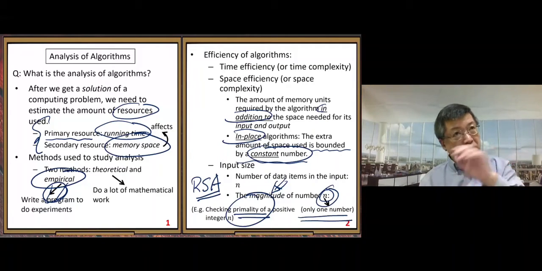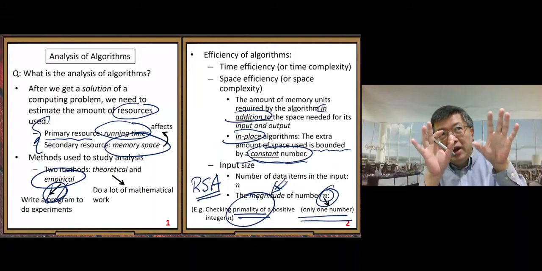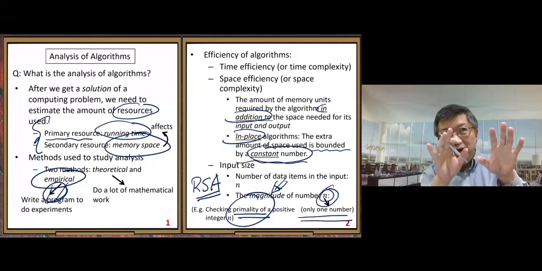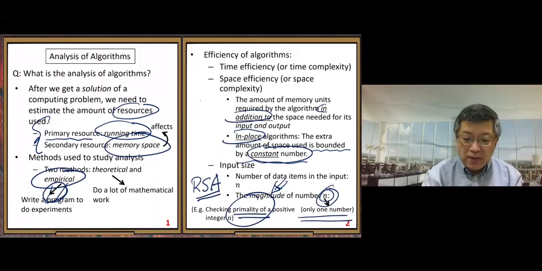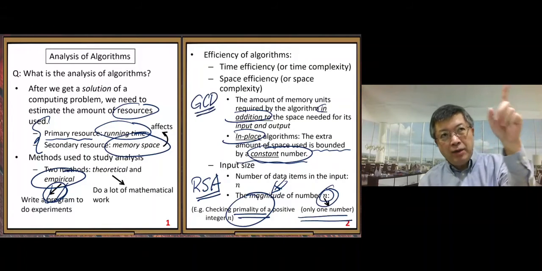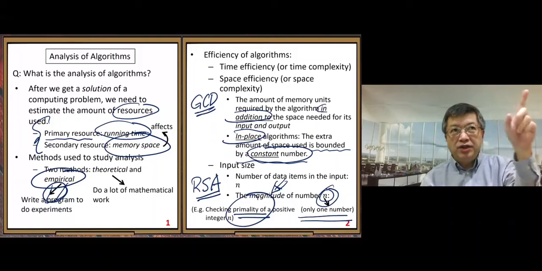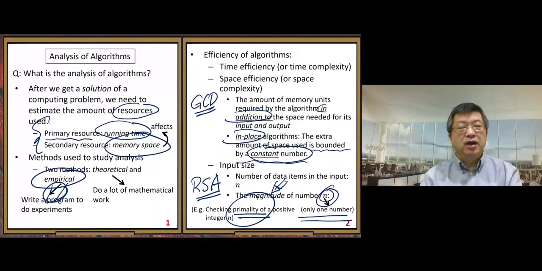Later in this class, we will have a simple problem where the magnitude is the problem size. What's that? Find GCD. You know that, right? Greatest common divisor. Find the greatest common divisor of two numbers.